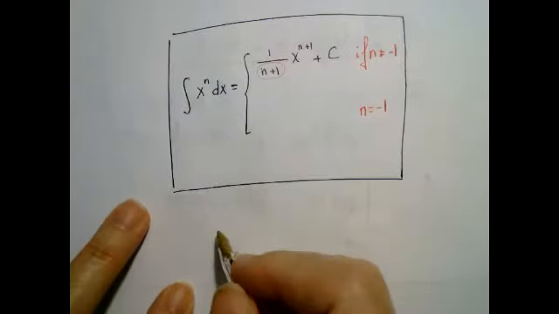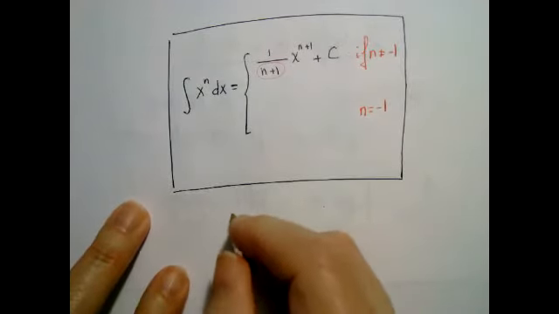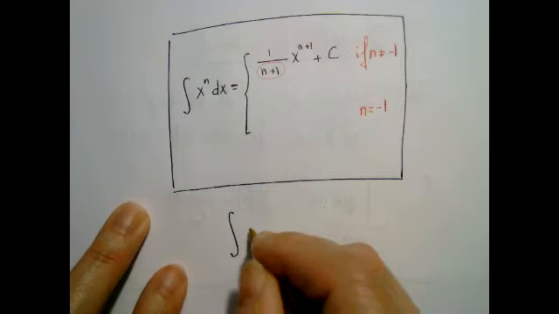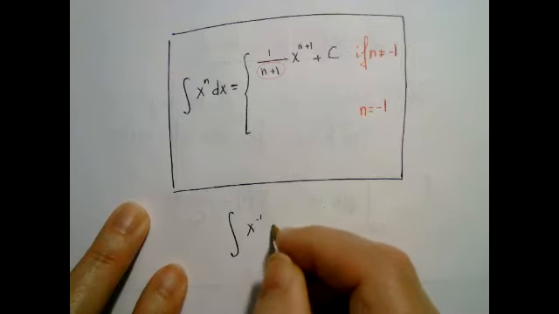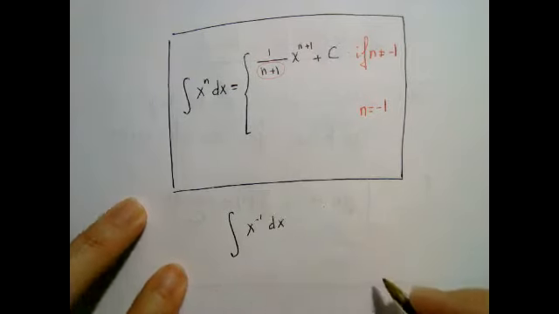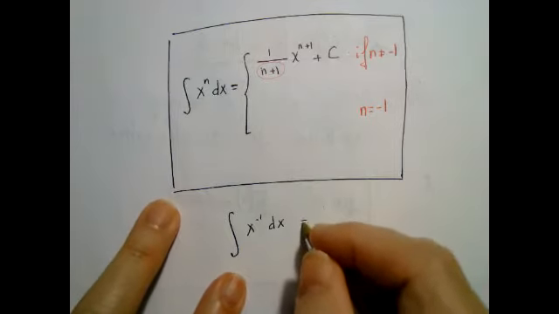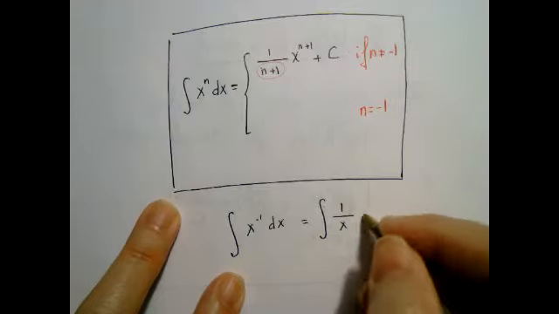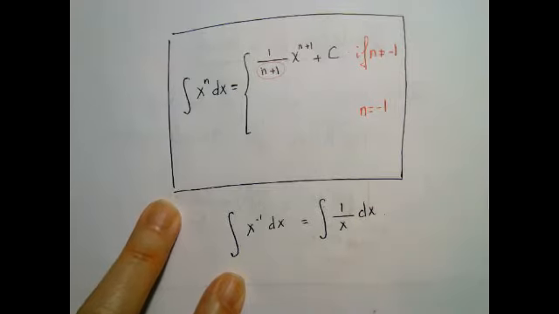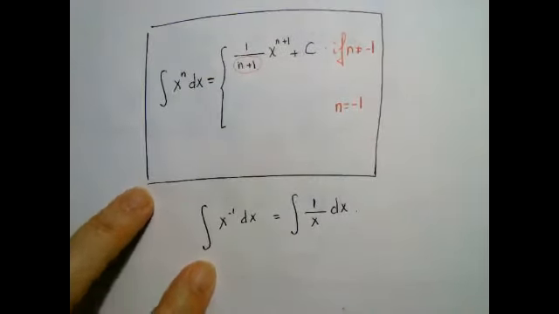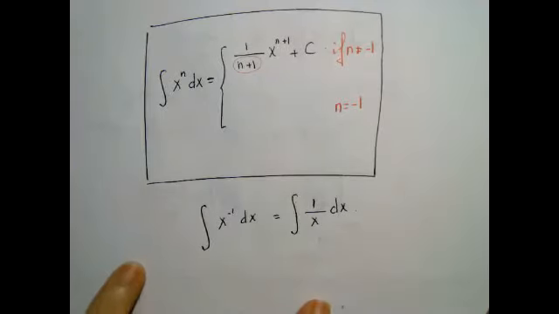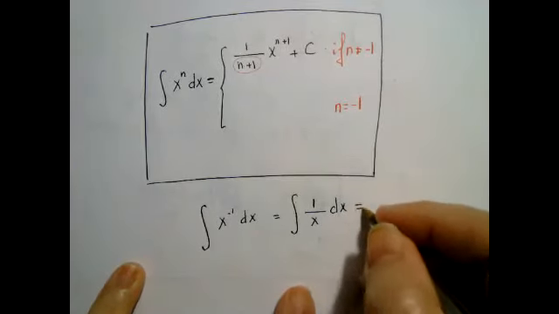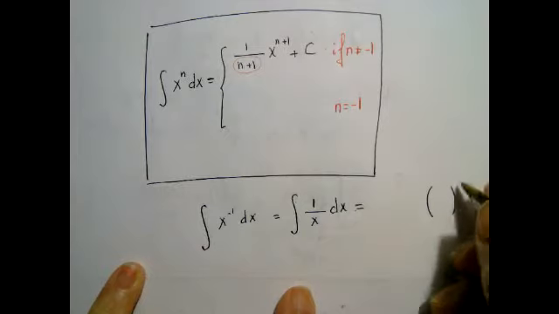So let me isolate this and then I'll put the answer here. What does it mean that n equals minus 1? It means what's the antiderivative of x to the minus 1? But x to the minus 1 is 1 over x. So what's the antiderivative of 1 over x?